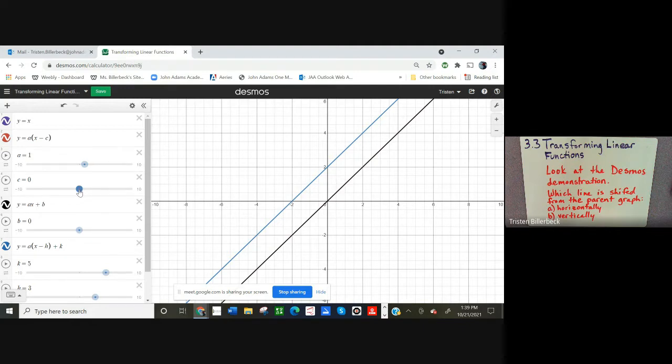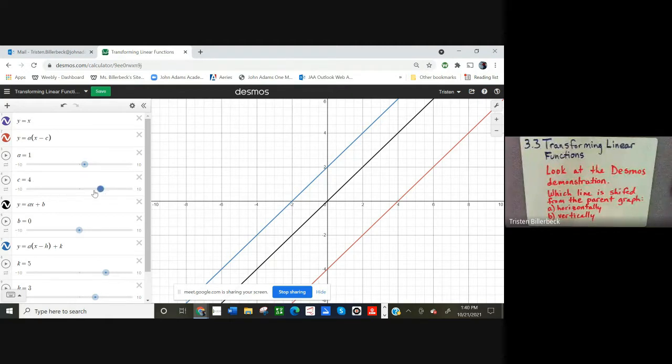So that is x, because x is the horizontal axis. So c is associated with that x. So as c, even though it's a minus, as c becomes more positive, it moves it down this axis. So if c is 4, I'm at 4 right here on the axis.